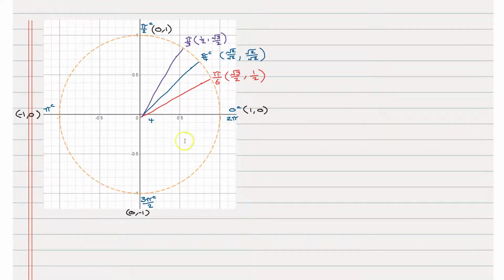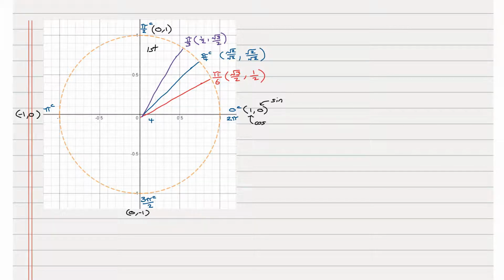What I've got is a unit circle, and for the first quadrant alone, I've mapped all the exact values that we're going to use in this course. So at 0 radians, our cosine has an exact value of 1, and our sine has an exact value of 0.